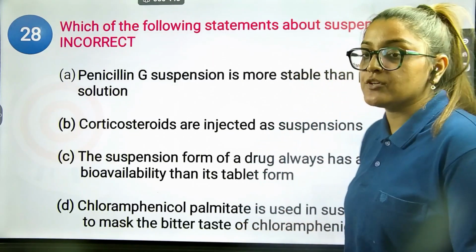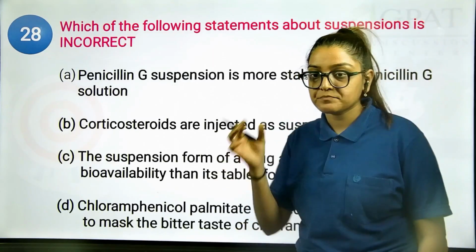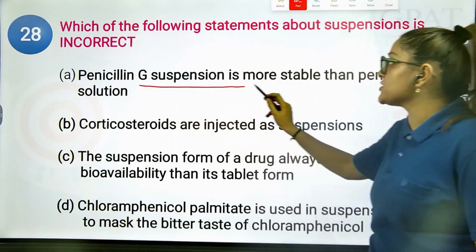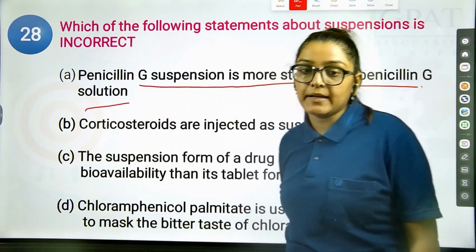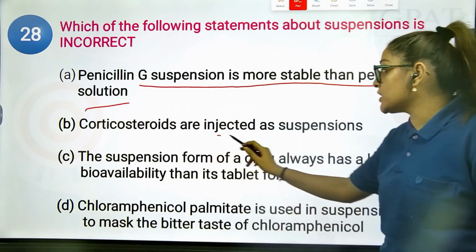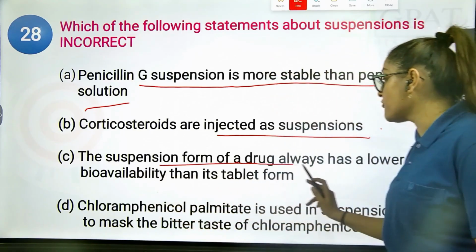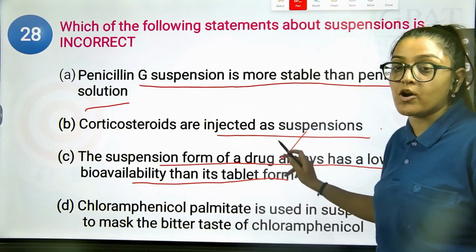Okay. Next, which of the following statements about suspension is incorrect? So here we have penicillin G suspension is more stable than penicillin G solution, right? Next, corticosteroids are injected as suspension. The suspension form of a drug always has a lower bioavailability than a tablet form? Not at all.